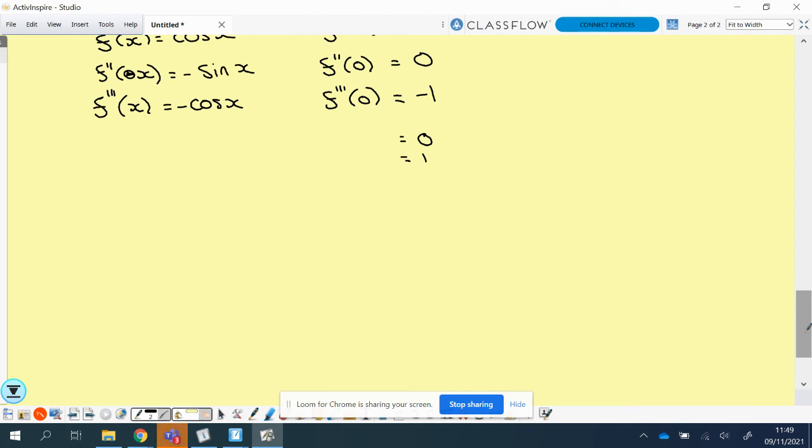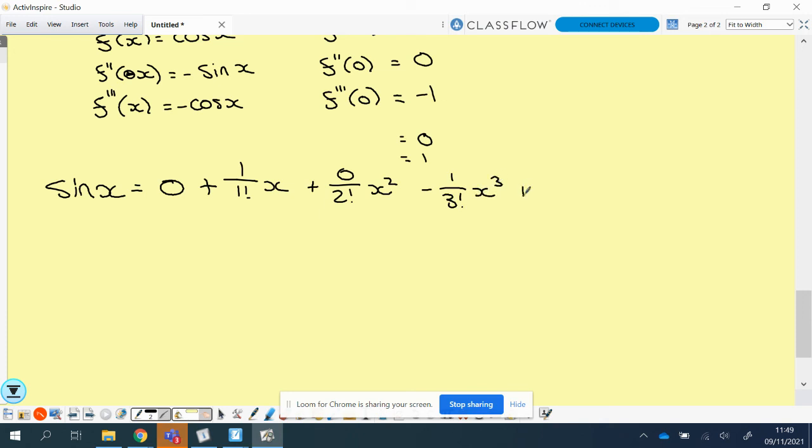Oops, playing up again. Let's try this again. Oh, lost my board. So sine of x. We know the first term is 0. Then it was 1 over 1 factorial x. Then it was another 0, so 0 over 2 factorial x squared. Then it was minus 1 over 3 factorial x cubed.